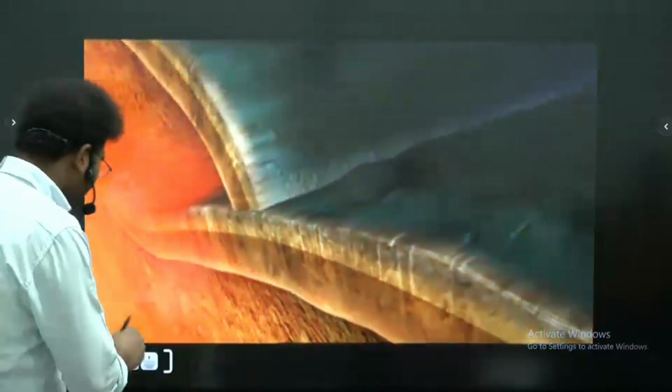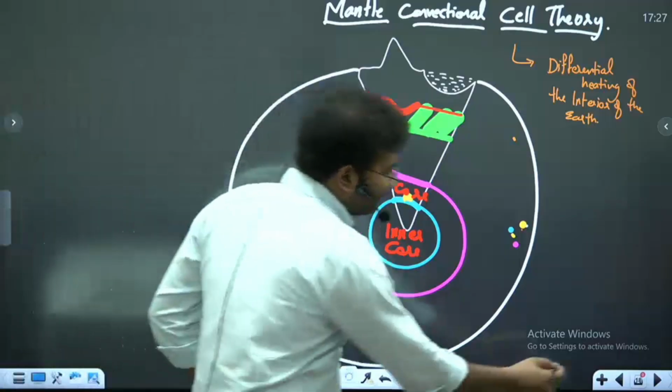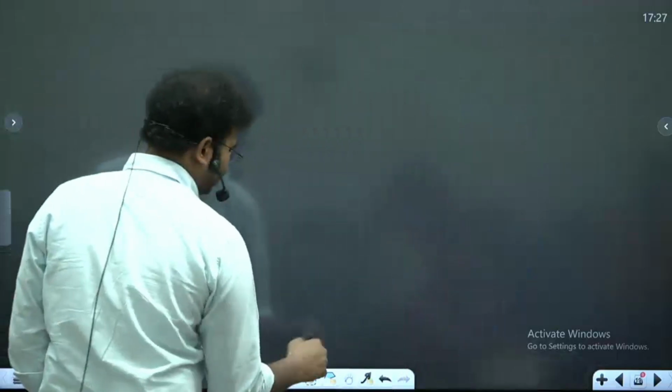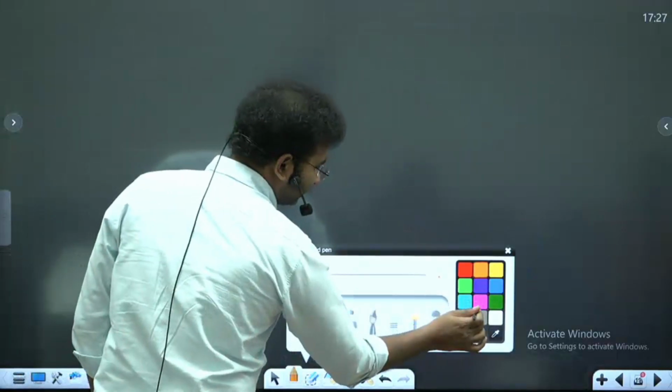Now in a broad view, you got to understand this, but now let me give you a complete picture of how it takes place. See here.